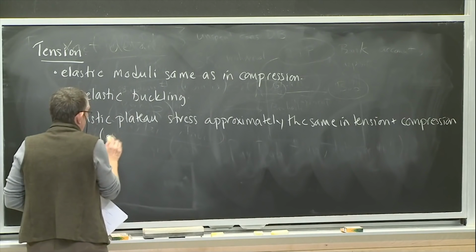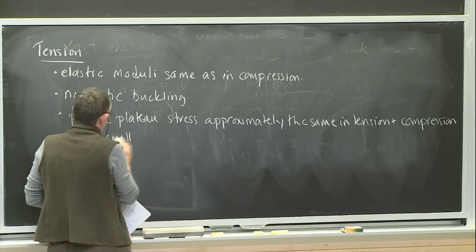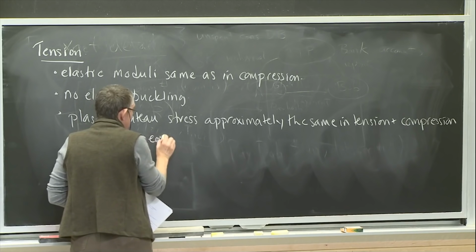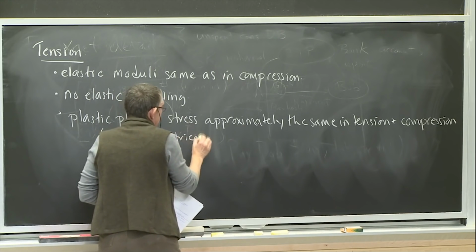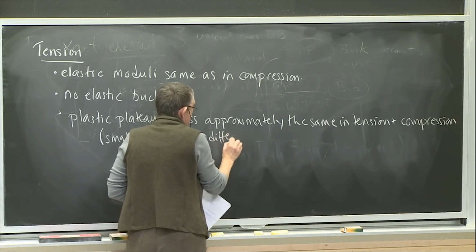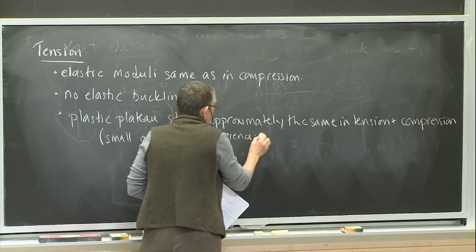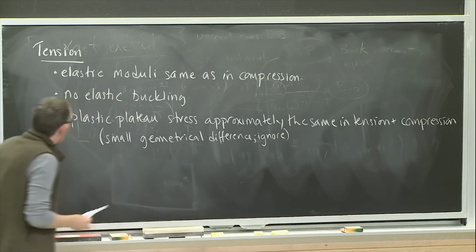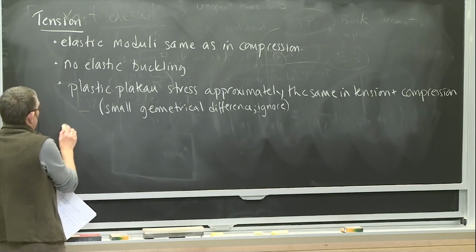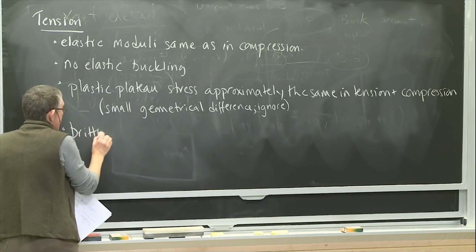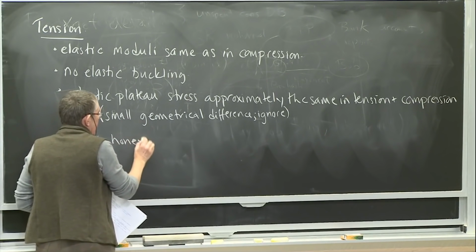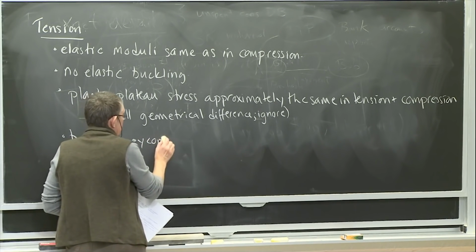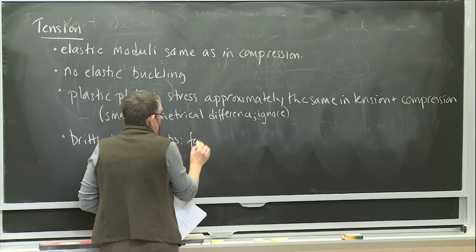So as I mentioned, there's a small geometrical difference, but we're going to ignore that. And then if we had a brittle honeycomb, like one of those ceramic honeycombs I showed you, then we can have fast fracture.